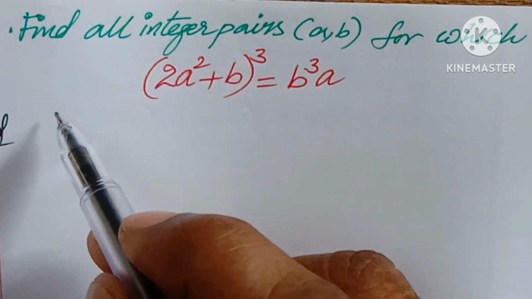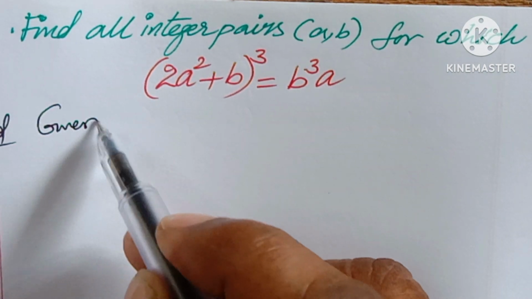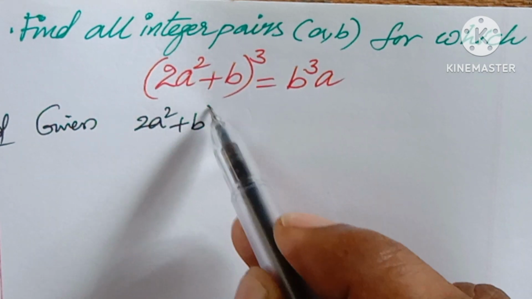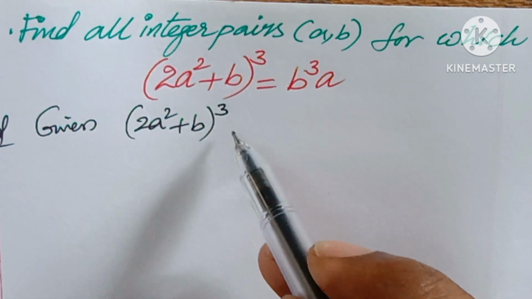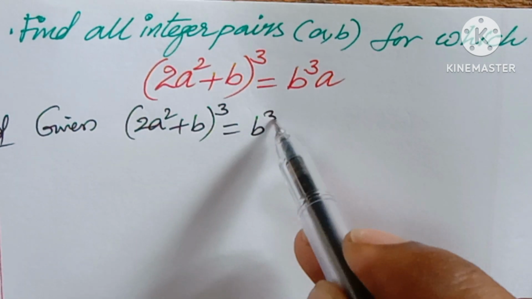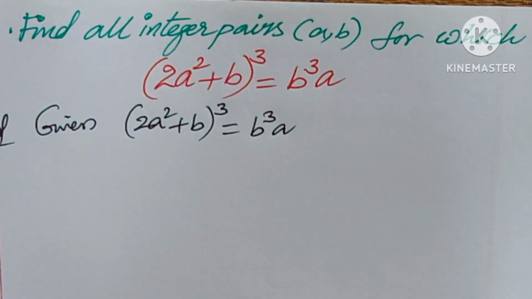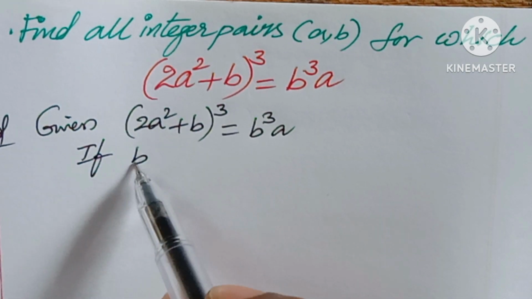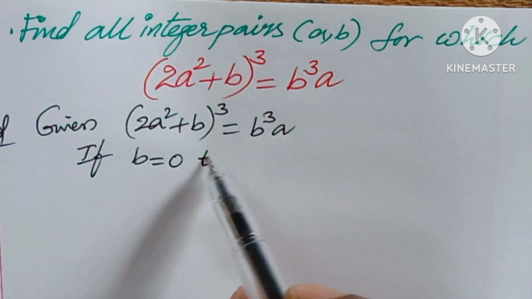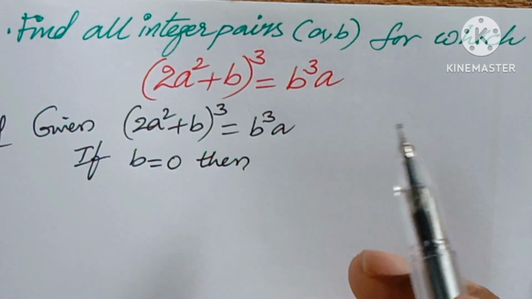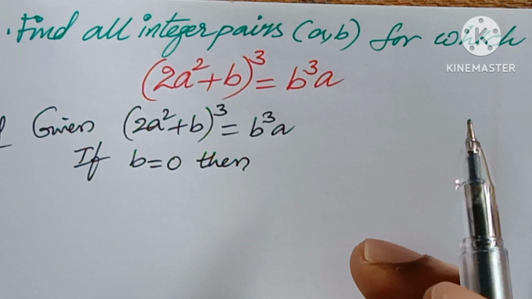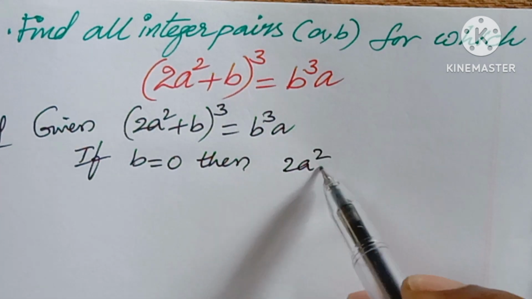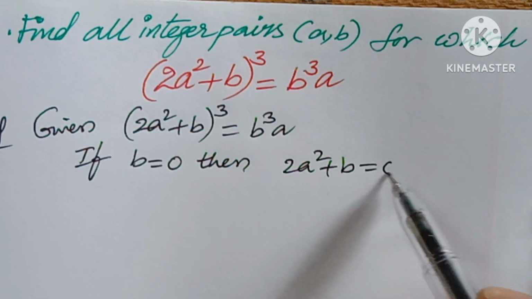So, how to solve this problem? Given (2a² + b)³ is equal to b³a. Now, if b is equal to 0, then 2a² + b will be equal to 0.